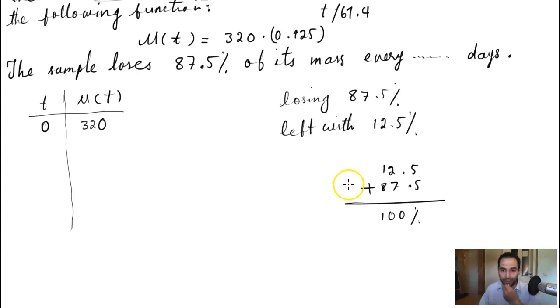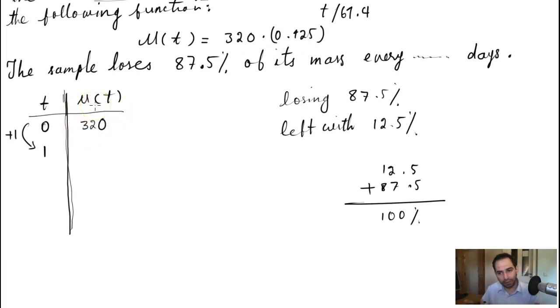Now, if I increase my input to 1 in this function, normally this output is supposed to be multiplied by something.